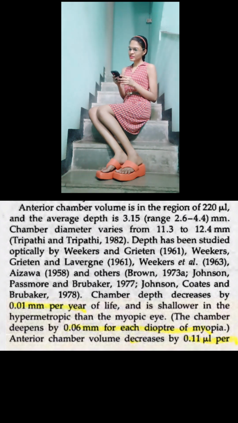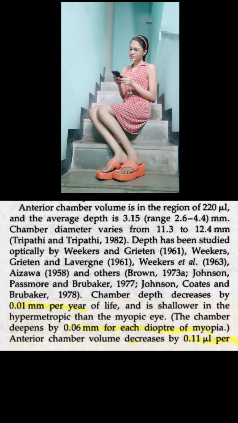Chamber depth decreases by 0.01 mm per year of life and is shallower in the hypermetropic than the myopic eye. The chamber deepens by 0.06 mm for each diopter of myopia.